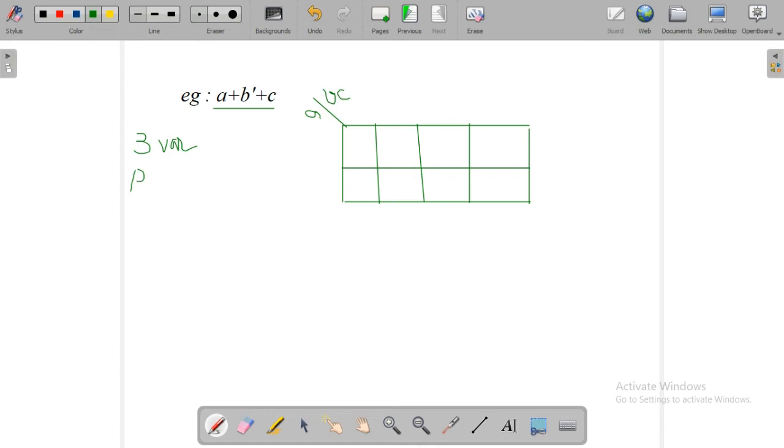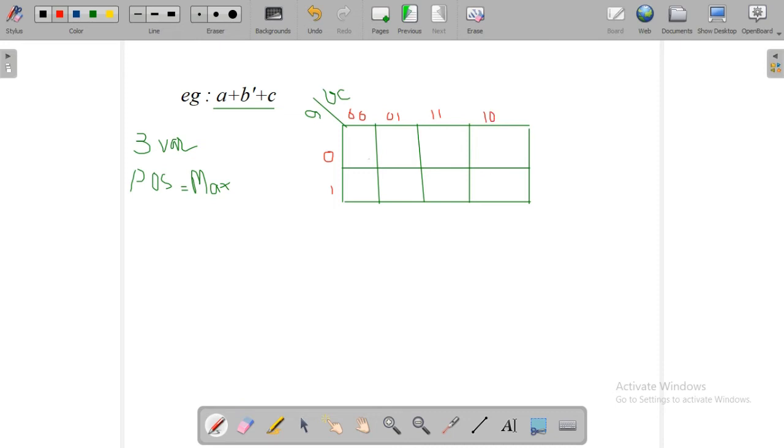POS, that is here a sum of all literals. So this is max term. A plus b dash plus c is max term, that is the sum of all literals. So we have to fill the values here. For A only 2 values, one is 0, another one is 1, and here 2 values are there, so 0 0, 0 1, the next one 1 1, 1 0.